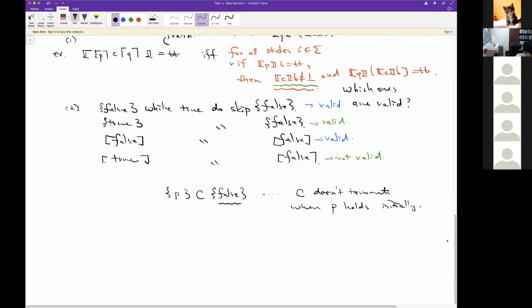Just like I showed you before, for the divide by 3 program, it was x is greater than 0, C divide by 3, and then the postcondition was x is equal to 3 times a plus b, where the value of b was between 0 and 3. Another more meaningful example is, suppose we have a Fibonacci number.